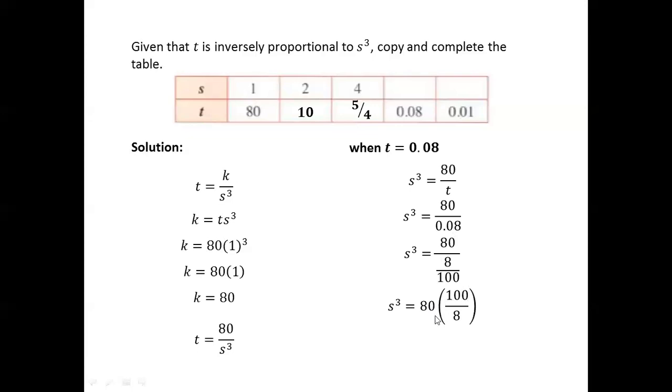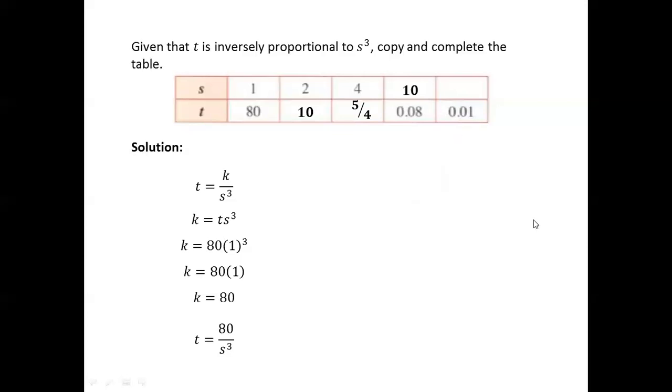Now, notice that 80 divided by 8 is 10. Multiply that by 100, that gives us 1000. We then get the cube root of each side. That will give us s is equal to 10. That means when the t value is 0.08, the s value will be 10.